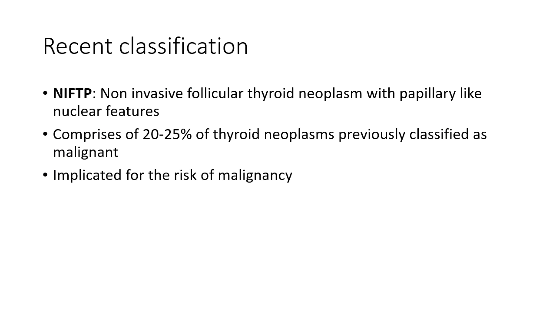So NIFTP, that is non-invasive follicular thyroid neoplasm with papillary-like nuclear features, this entity comprises 20 to 25% of the thyroid neoplasms which were previously classified as malignant. So this has implications for the risk of malignancy.